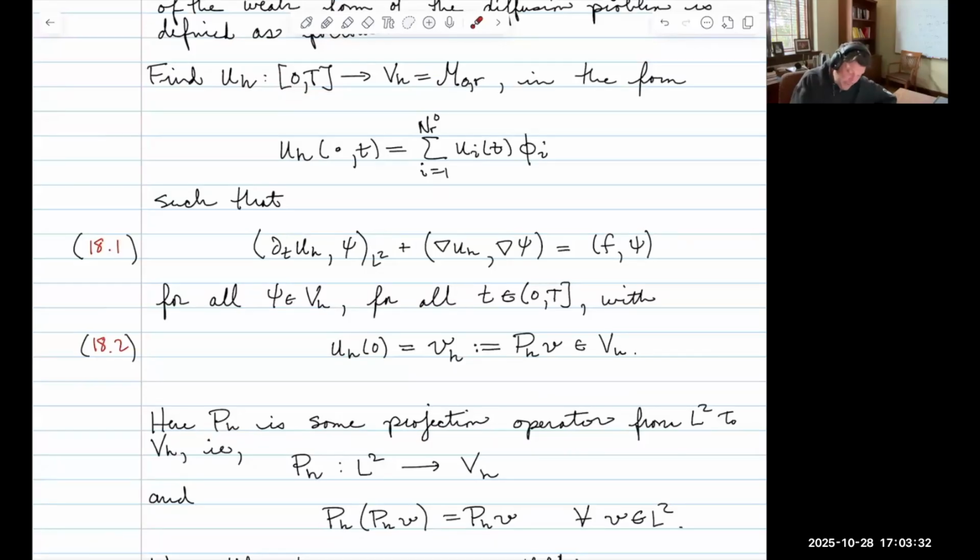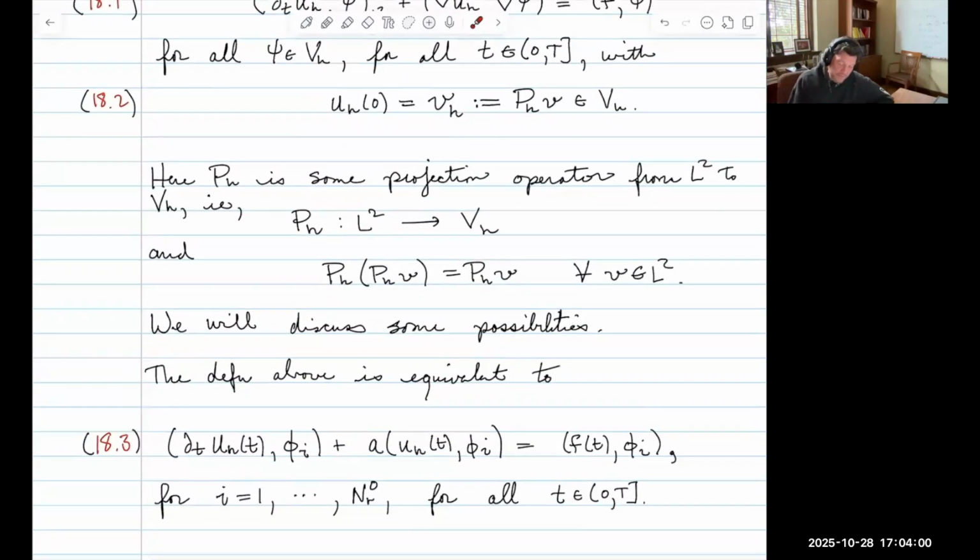For each time parameter I give you, you're going to give me a finite element function. Whenever t is equal to 0, UH should be equal to VH. What was VH? VH is my projection of V into the finite element space. And that's all I need to define my finite element approximation. It's called semi-discrete because time is still continuous in this case.